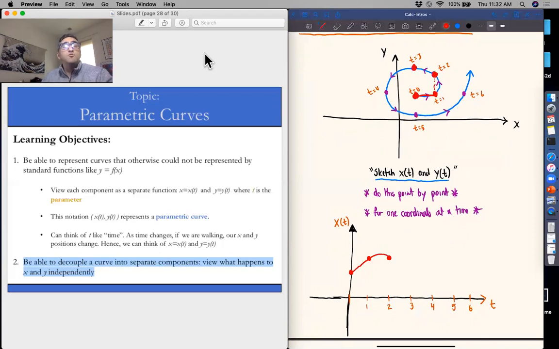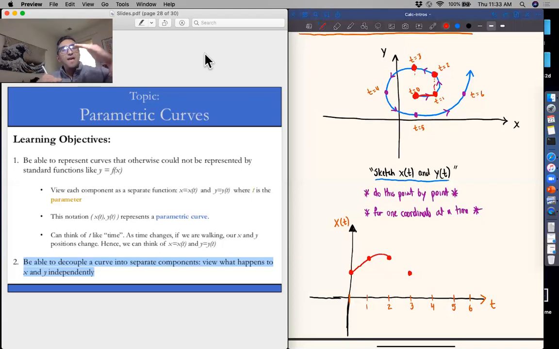Between t equals 2 and t equals 3, we are farther right at t equals 2 than at t equals 3. So because we're moving to the left, our x value is decreasing. And it's actually decreasing until about the x value we started with at t equals 0. So at t equals 3, we're basically ending at the same x value that we started with.